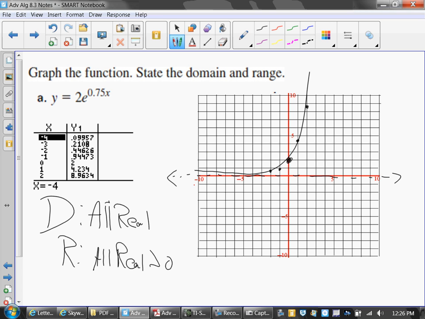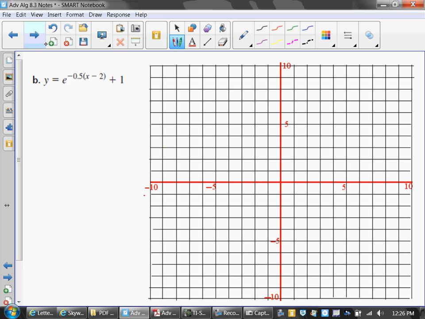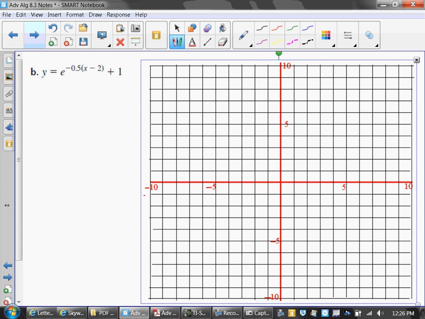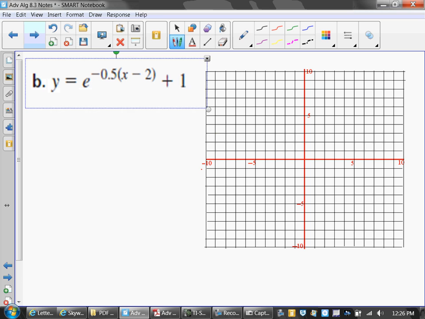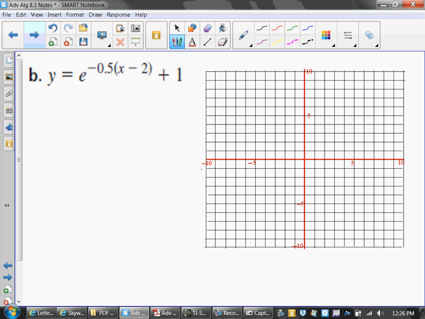Let's look at one with a shift. So I have y equals e to the negative 0.5 times the quantity x minus 2, all plus 1.